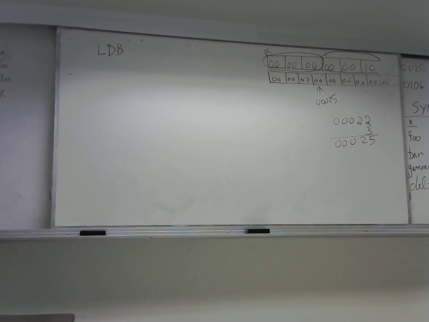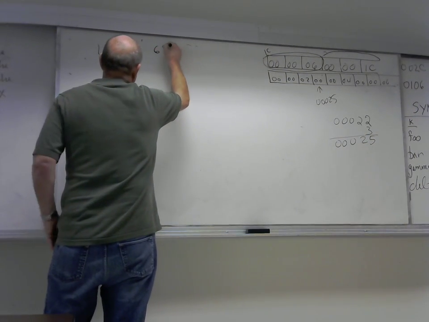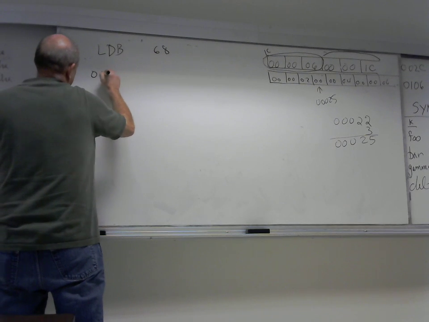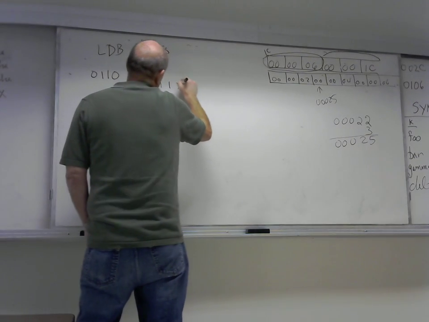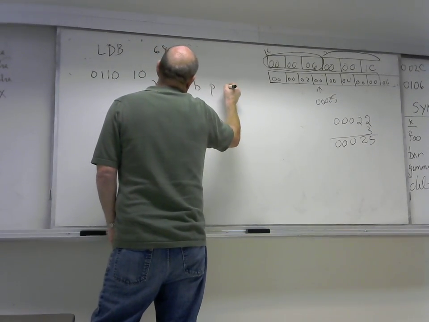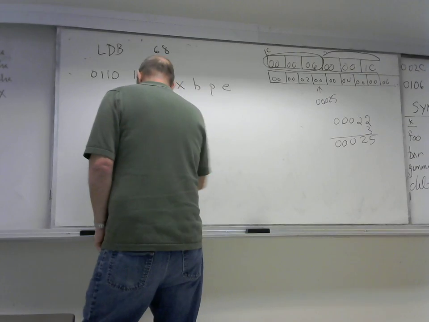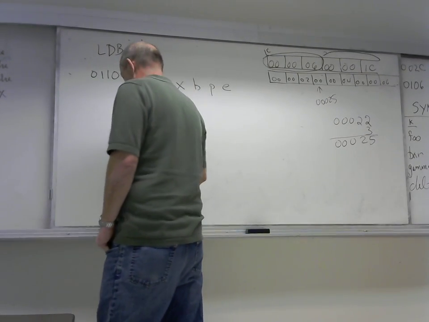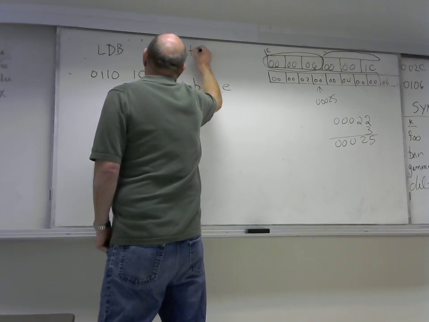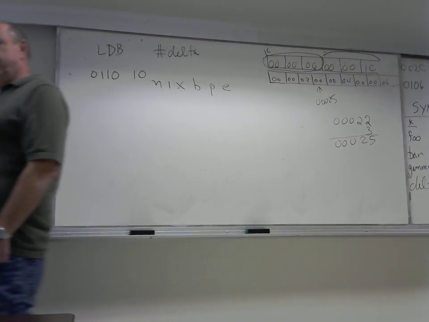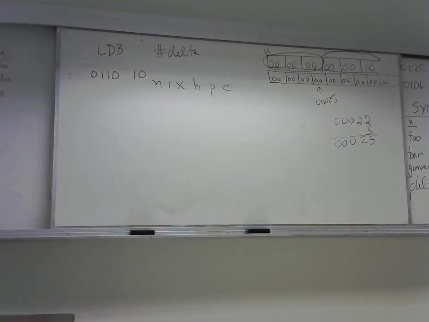6A? Okay. So the opcode is 6A. Well, we're home free. We have 6, A, N, I, X, B, P, E. So what was the actual instruction? Pound sign delta. Okay, so do you have the address of delta? And the address of this instruction? 0BBF. So the offset was okay, is that correct?